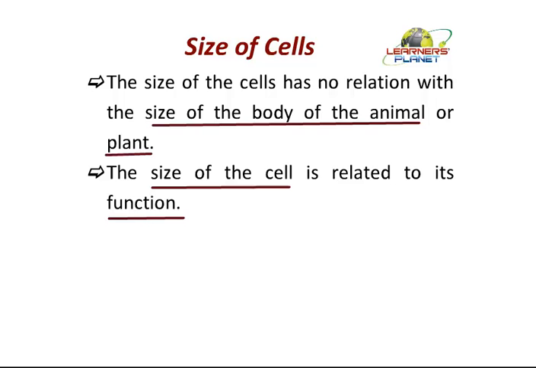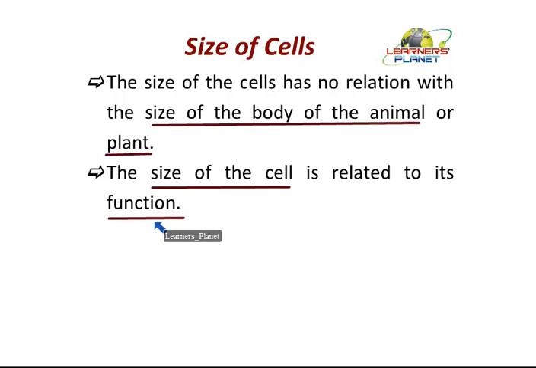If you compare different organisms, that nerve cell would be the largest one, the nerve cell of the horse. But if you compare within a single individual like the human body, then of course in that body the nerve cell is the largest one. Similarly, which is the smallest cell? It is the sperm.